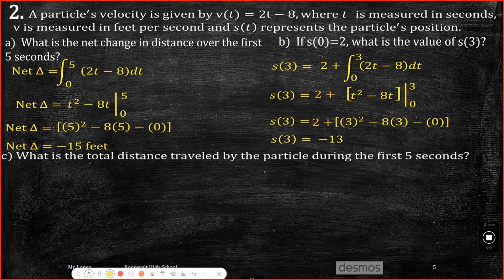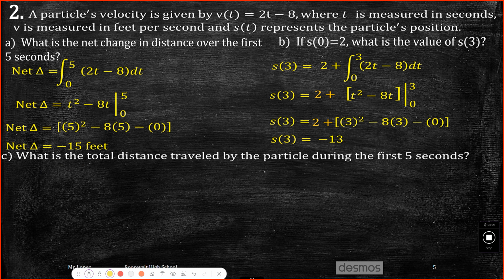Next, C. What's the total distance traveled? It's talking about total distance. I told you to go to Bakersfield, you went to Sacramento, wasted all that gas, and then went back down to Bakersfield.